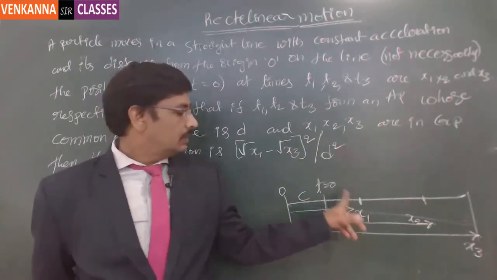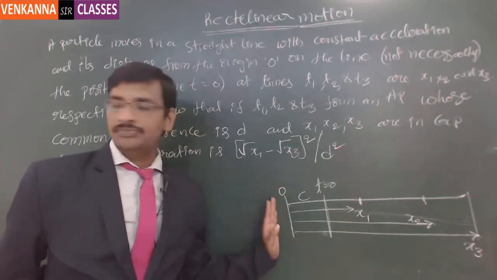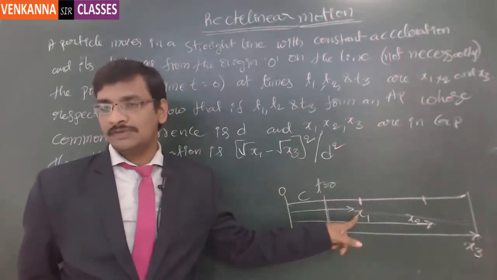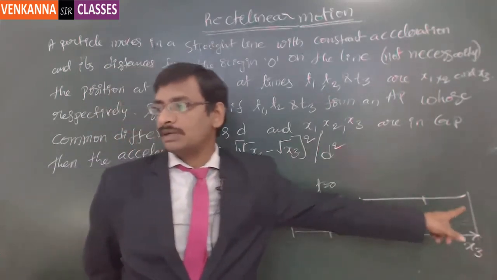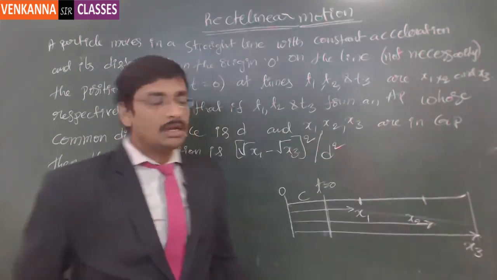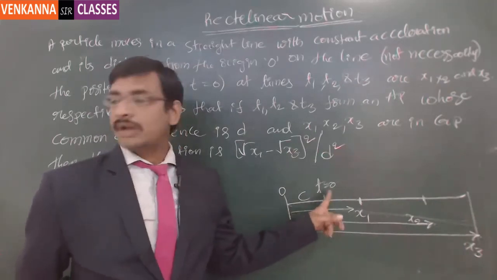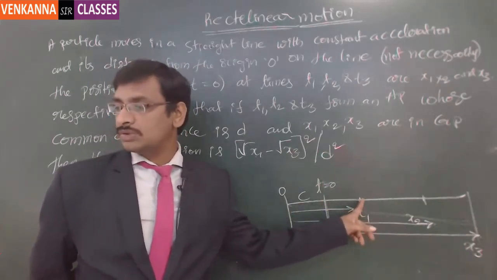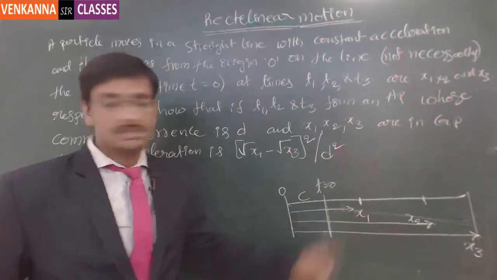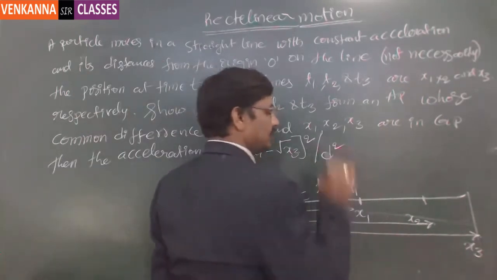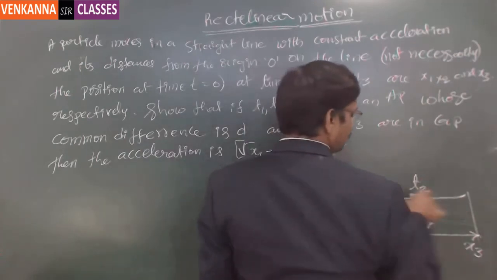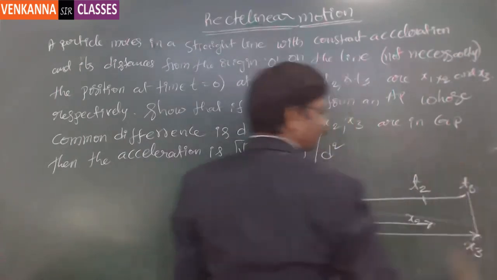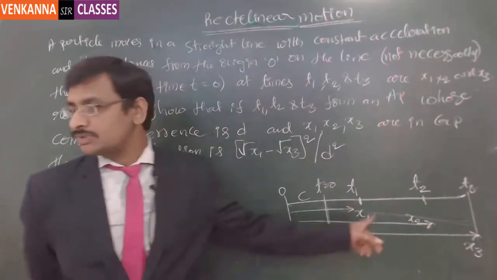Then if you count from this location, the particle is at a distance of x1, x2 and x3. The time taken to travel from t equal to 0 till this point is t1, till this point it is t2, and till this point t3.